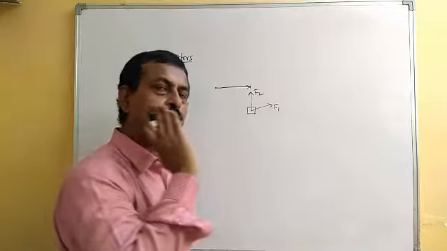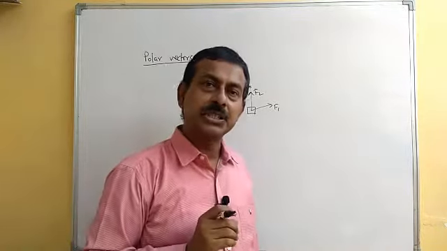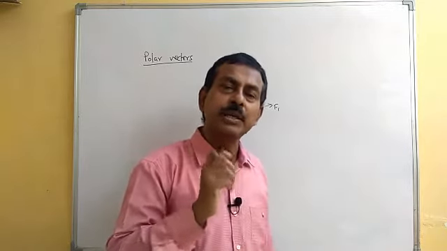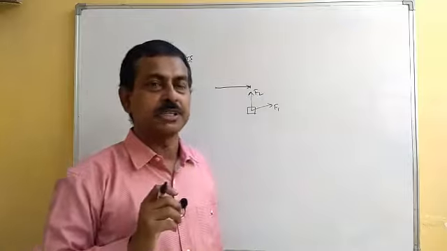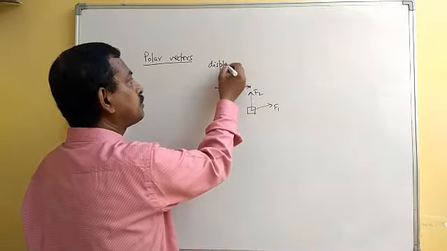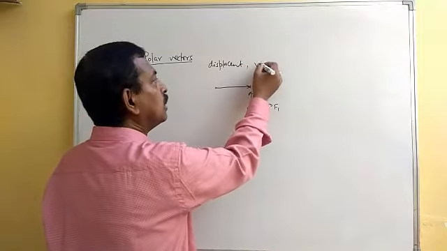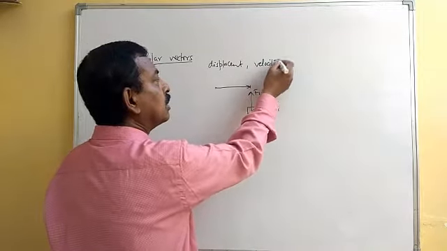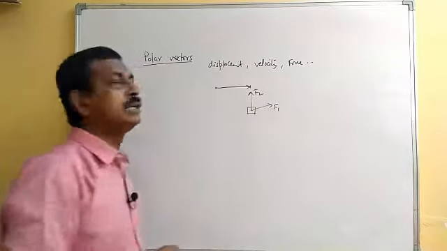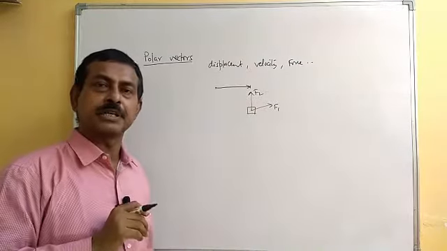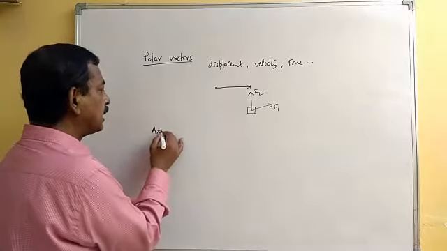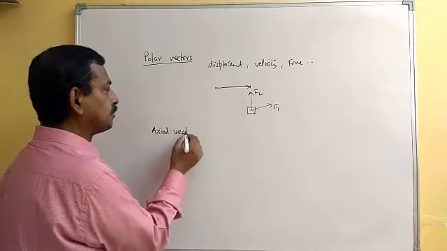Wherever a translational direction is assigned to them, it indicates a polar vector. Like displacement, velocity, and force, all these are examples of polar vectors. But another is called the axial vector.